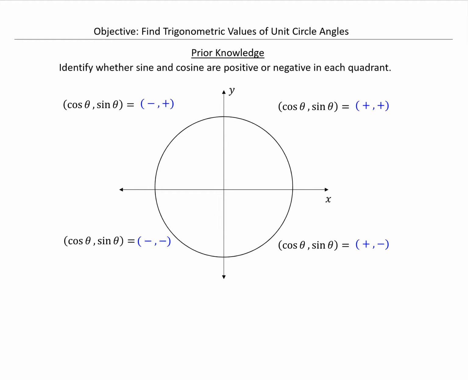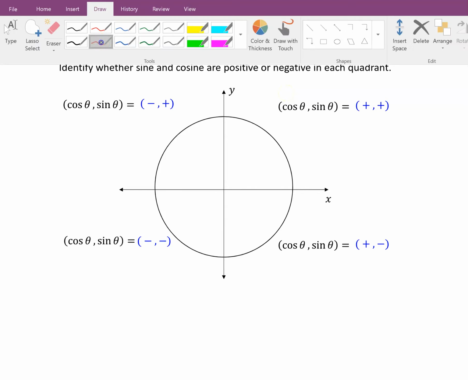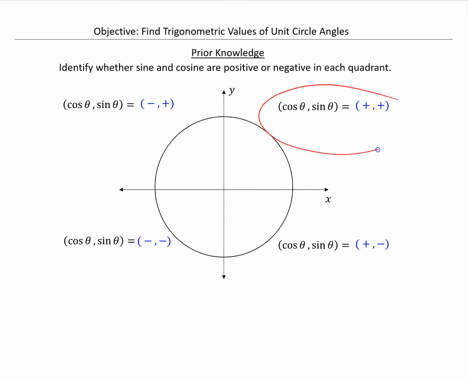And we've talked about that in each quadrant, because cosine is x and sine is y, the sign, meaning positive or negative, of each depends on what quadrant the angle terminates in. So in our first quadrant, both sine and cosine are positive, which means that so are all the other 4: tangent, cotangent, secant, cosecant.